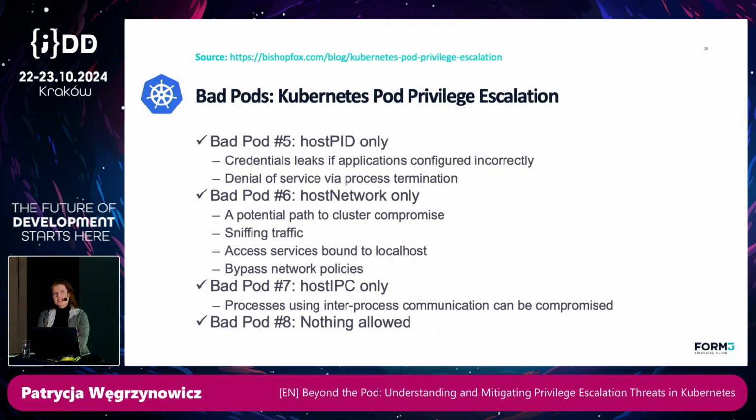Host IPC is usually pretty safe, depending on the inter-process communication we have in our cluster. Nothing allowed, obviously, is the safest solution, but it doesn't mean that your workloads are safe in your clusters. So still with a super secure configuration, some bad things can happen, but it requires a lot more work and some other misconfigurations in your clusters.